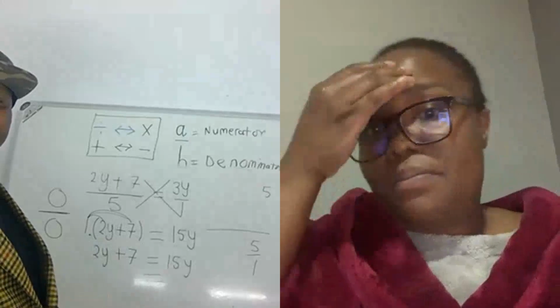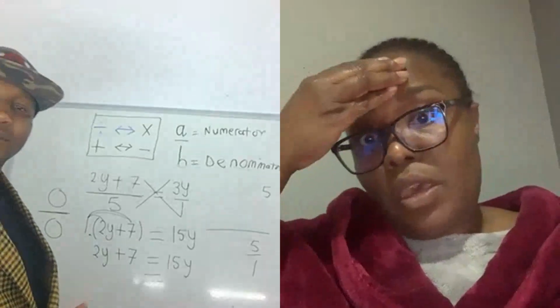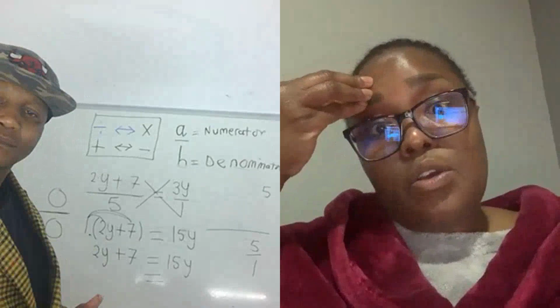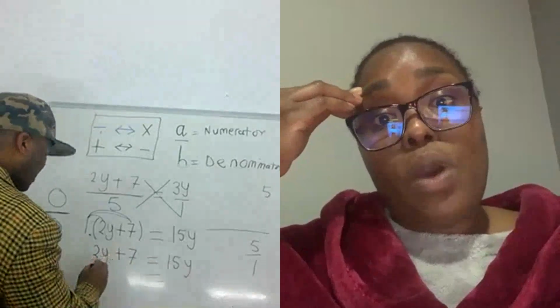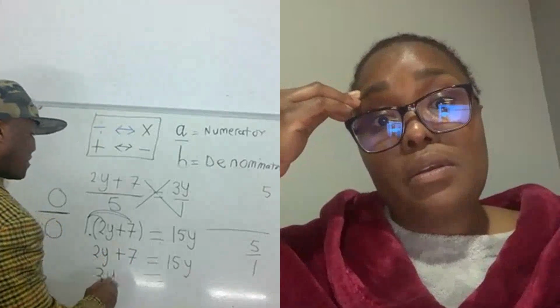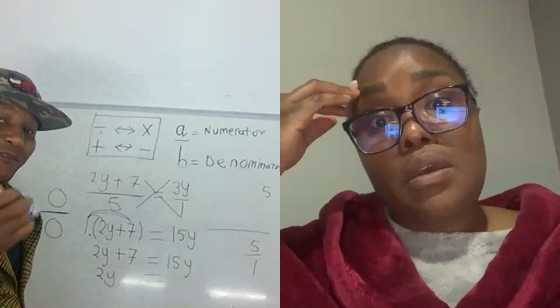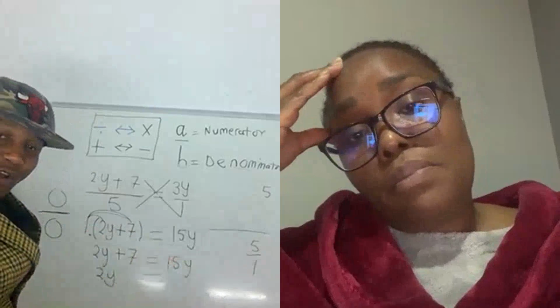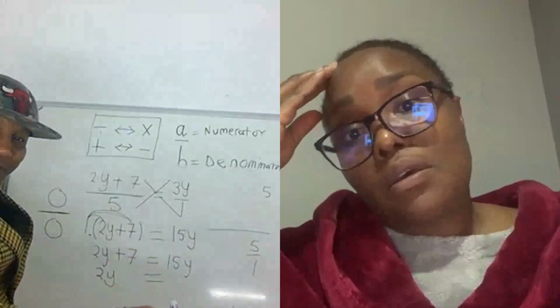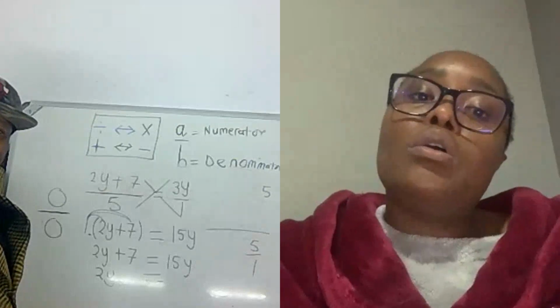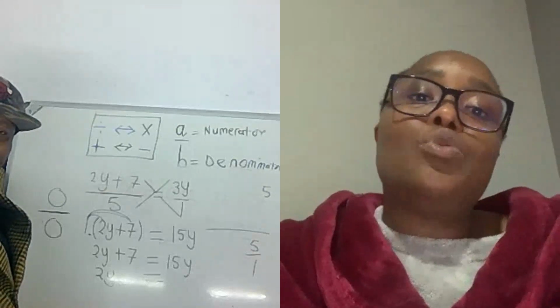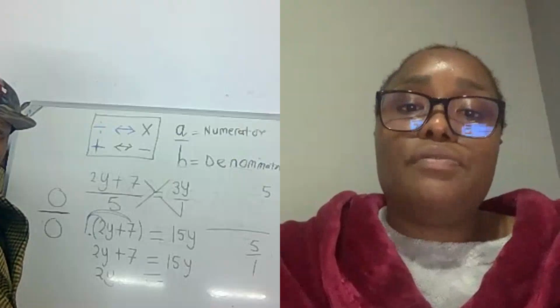So it's going to be 2y plus 15y. Why plus 15y? You don't just say it, you must have a reason. Where is it going to go? You must look carefully there. Because 2y has no sign, it's positive.